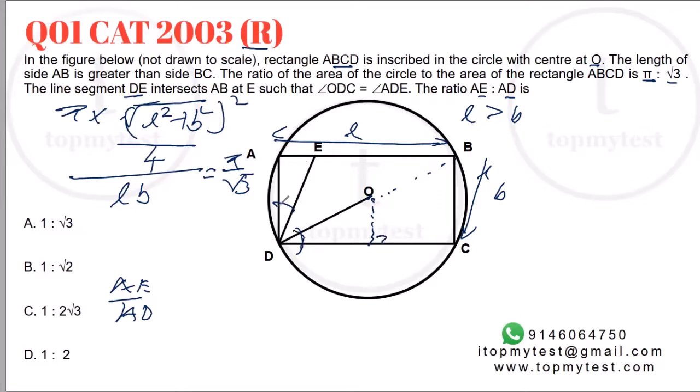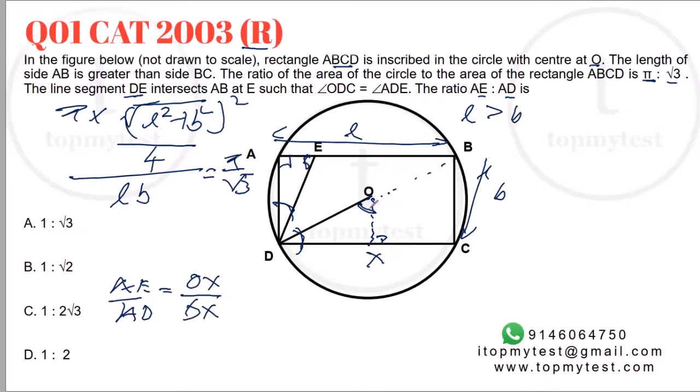Why? This angle is equal. There's a 90-degree angle here, and so the third angle will be the same. Right, so AED will be same as XOD, right? So which means AE will correspond to OX and AD will correspond to DX.